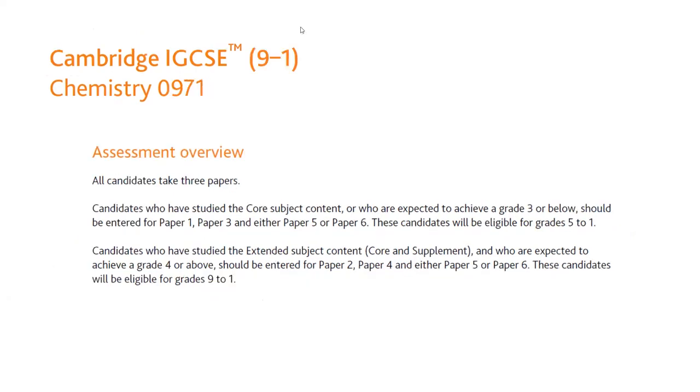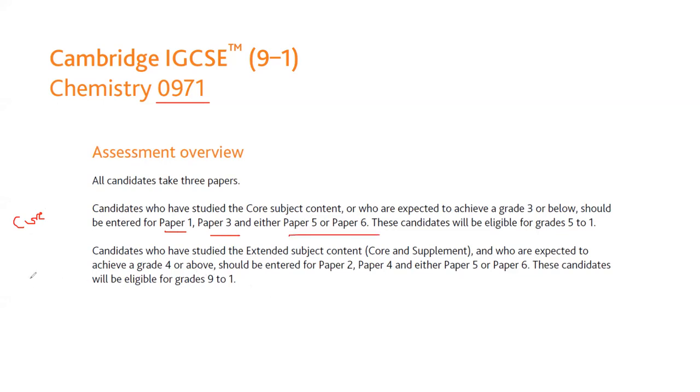Those who want the results in numerals, for example, you need your result in numbers, then your code will be 0971. And same thing for 0971, if you select a core, you will appear for paper 1, paper 3 and either paper 5 or 6.